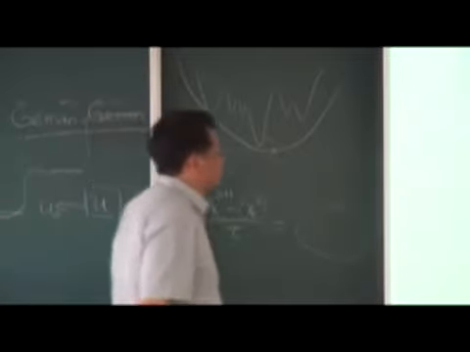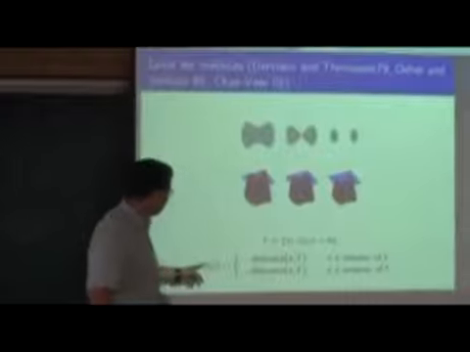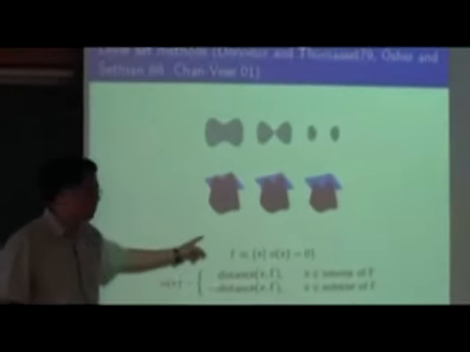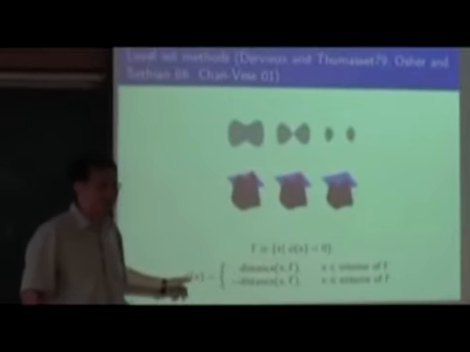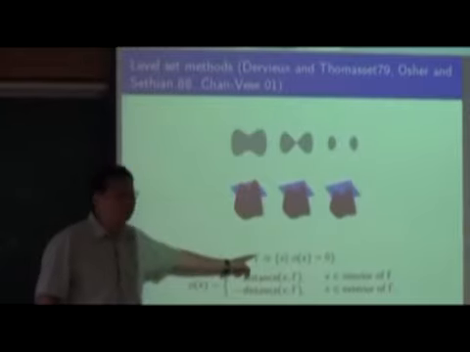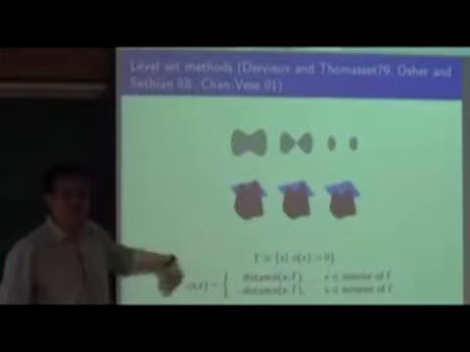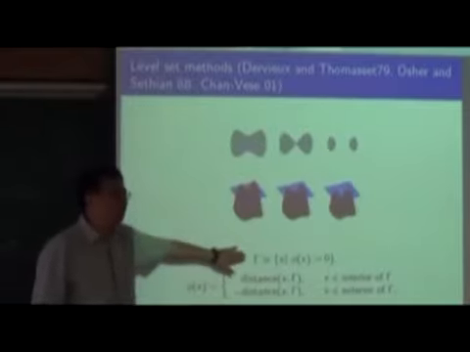So the level set method is that you give a closed curve and then define a distance function such that this function is the distance to this curve. There's a one-to-one correspondence between gamma and the function phi, right? For any given curve gamma, there's a unique distance function. So if you get this phi, you get this curve.